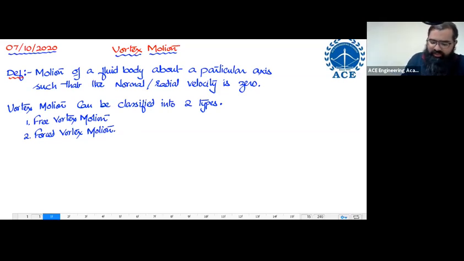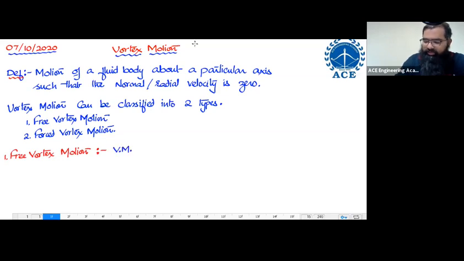Let us now start with the concept of free vortex motion. Now, how do we define this free vortex motion first of all? Free vortex motion is defined as vortex motion.